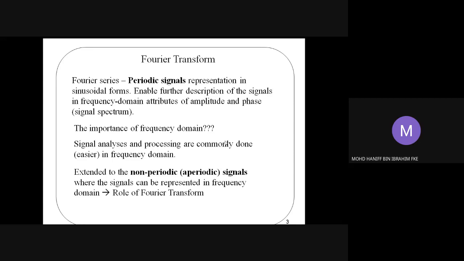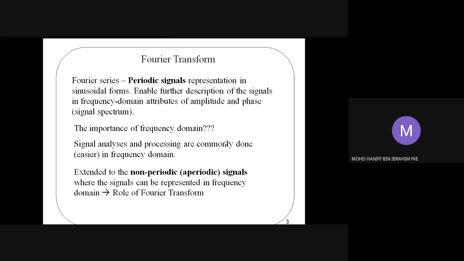I think I've informed you in class of the importance of frequency domain analysis. In electrical engineering, most of the analysis we are going to see later on will be based on frequency analysis, because it's easier for us to know what components of frequencies exist in the signals.